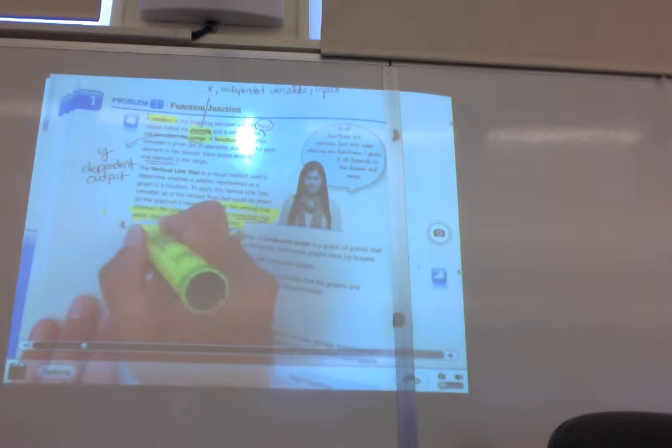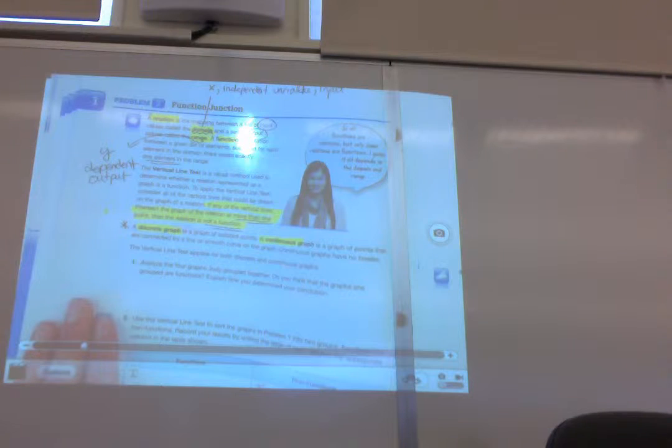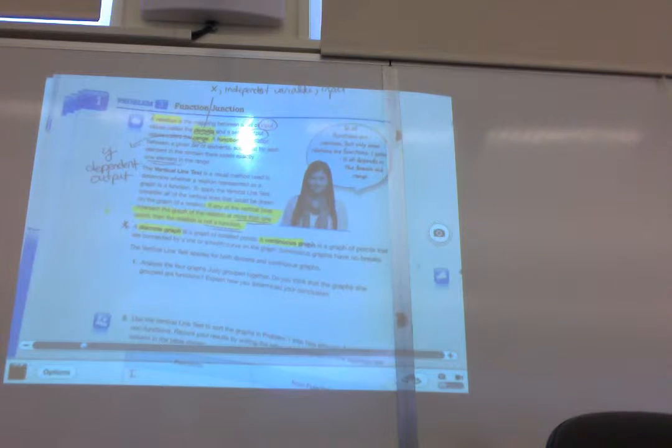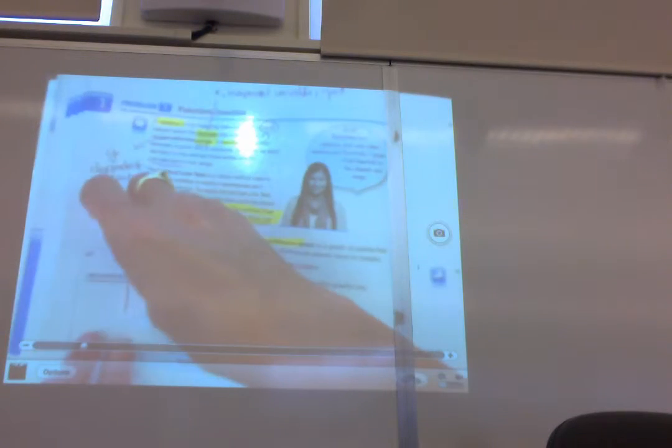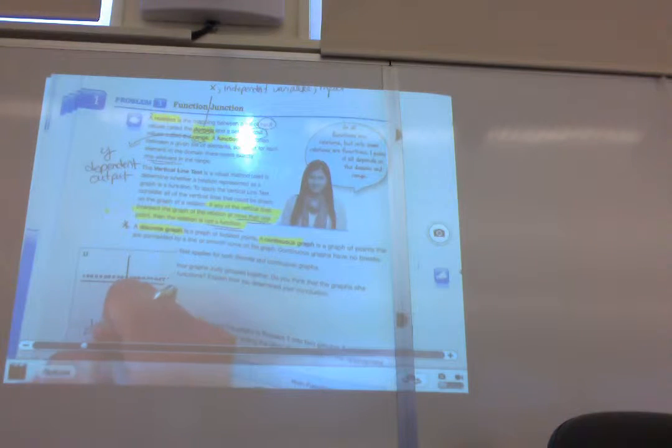Okay, so discrete and continuous are 2 terms that are going to be used to describe categories of graphs. Here's discrete. What's discrete about this? The dots. This is U, and I'm going to label it discrete.